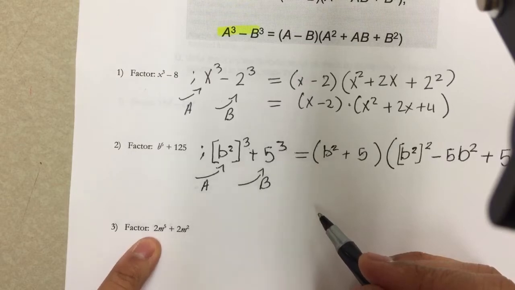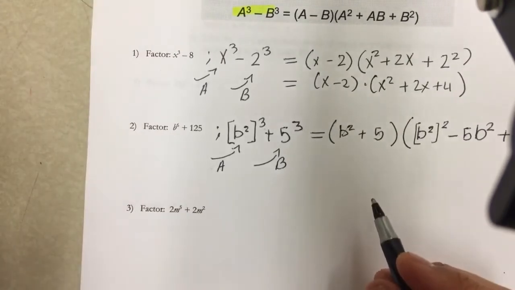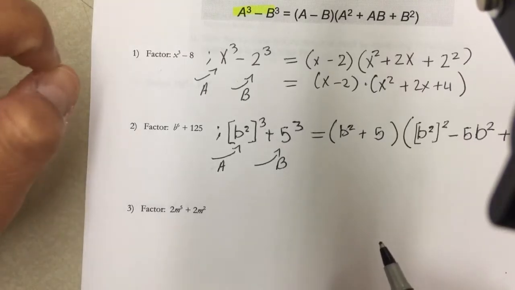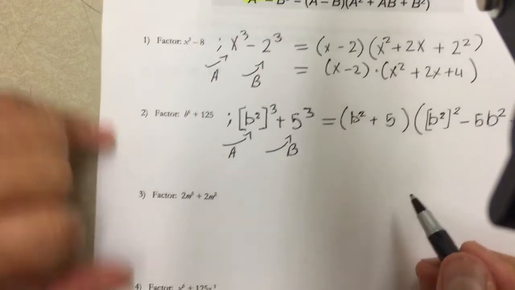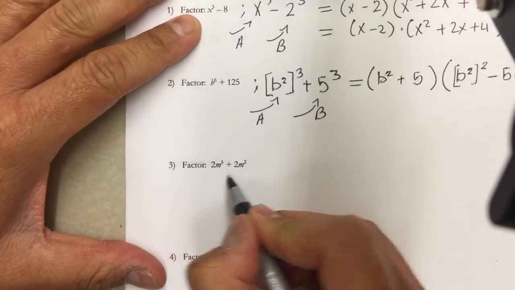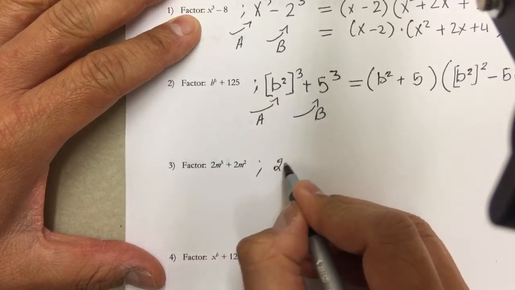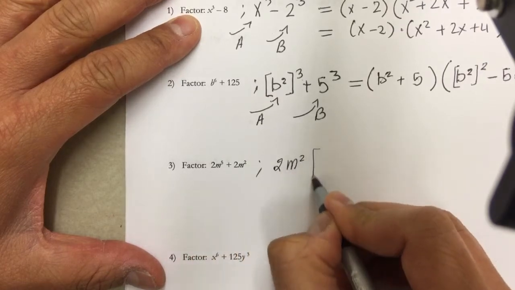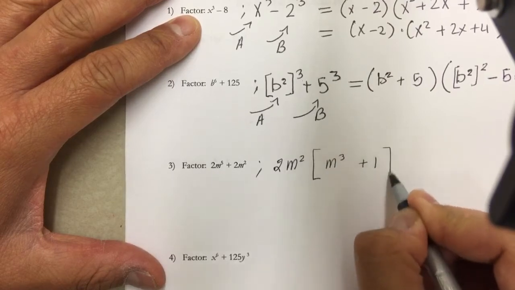Now there are problems that might be easier than others, and remember that we start every problem by looking for a common factor before we proceed, and that's example number 3. Looking at example number 3, I can take out a 2m squared, and I'm left with m to the third plus 1.